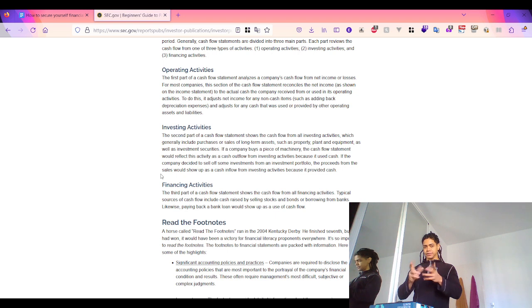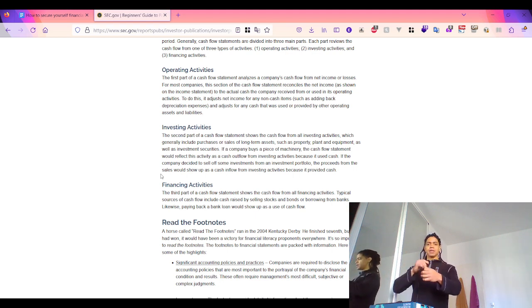And with this, okay, so for example, if a company decides to sell a trademark, that activity will be registered as a cash inflow. Yes, a cash inflow because cash was received from these operations.